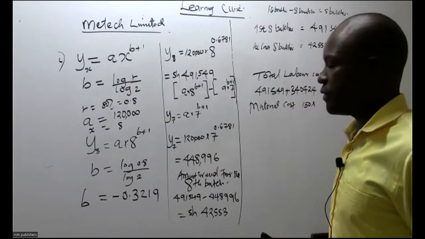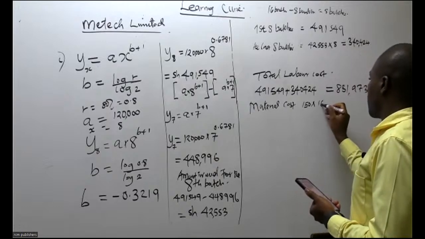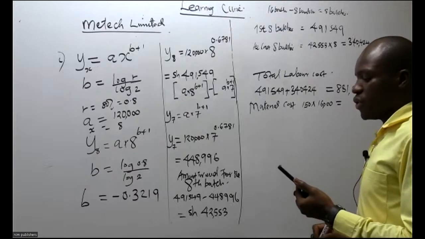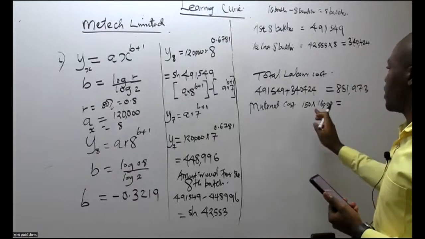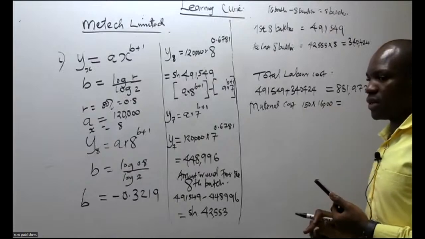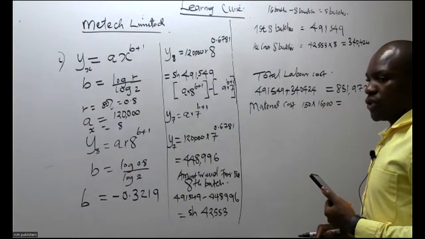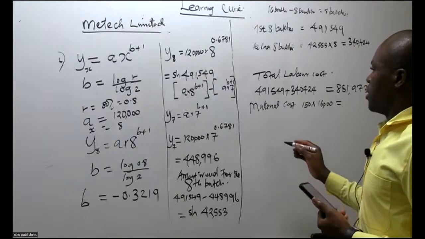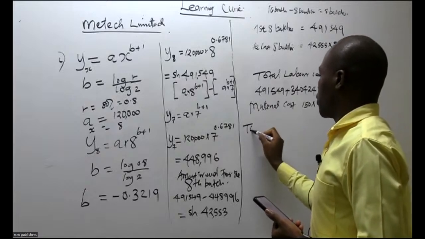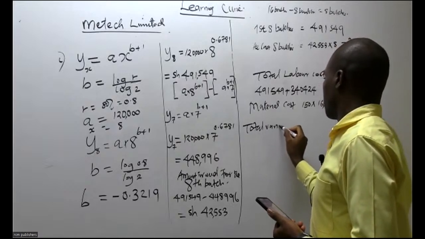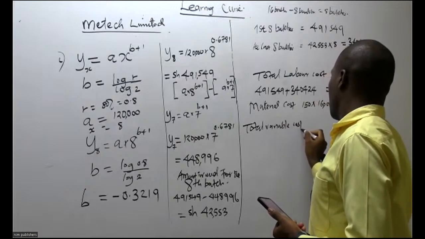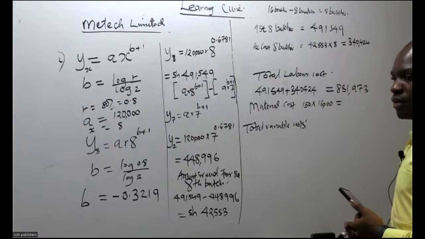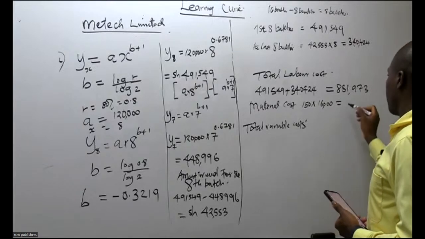How many units do we have? We have a total of 16,000 units which were placed into batches. So how much will be our total material cost? 150 by 16,000. What will be our total material cost? 2,400,000.